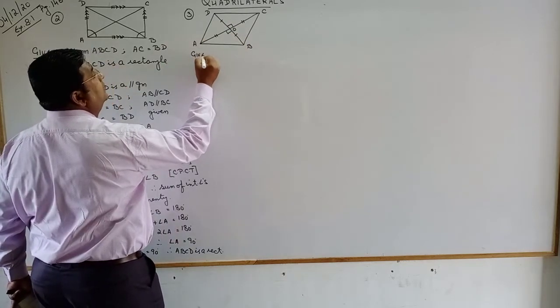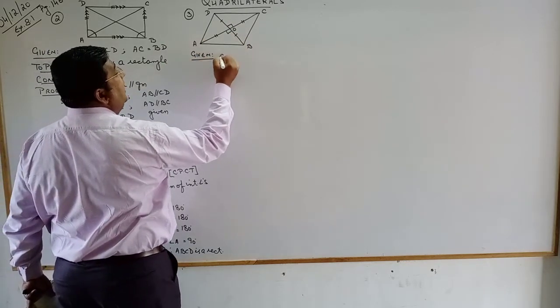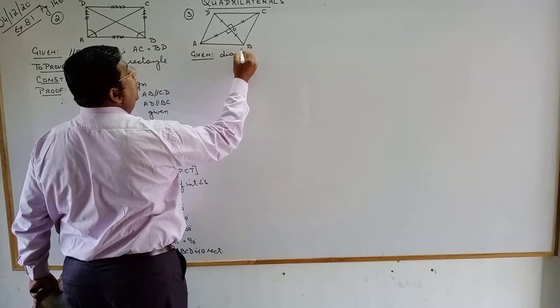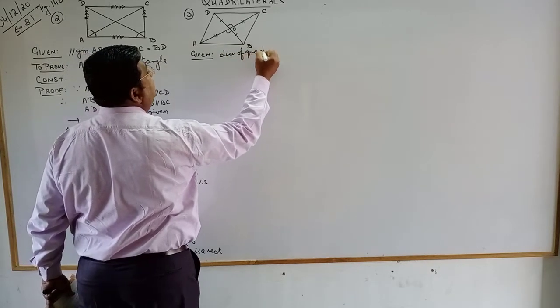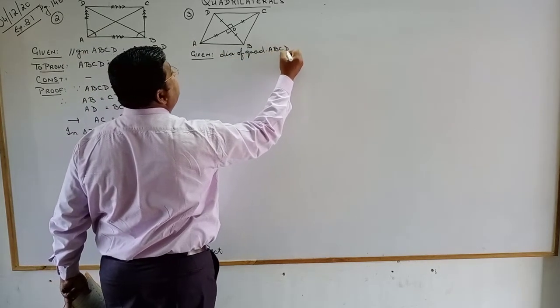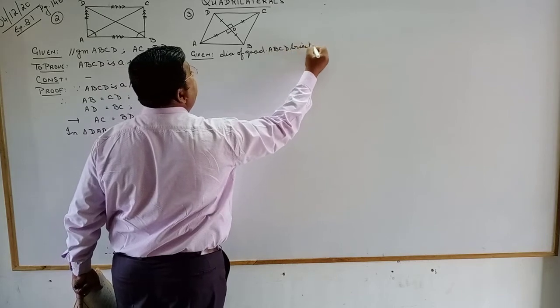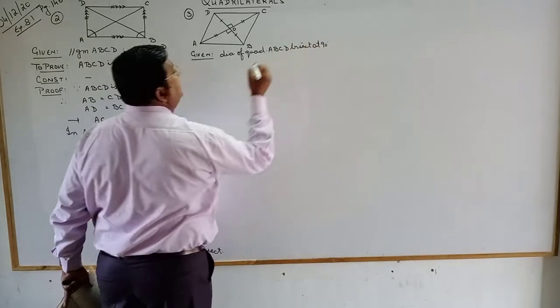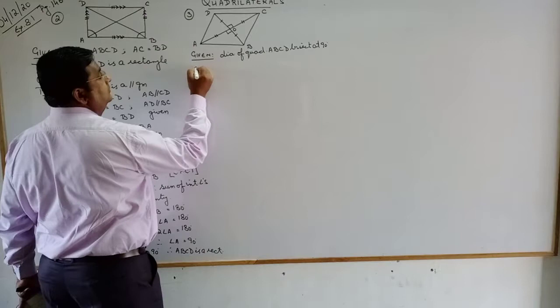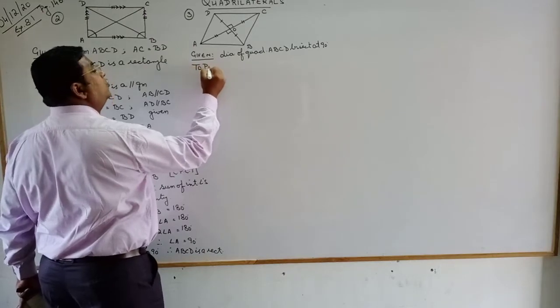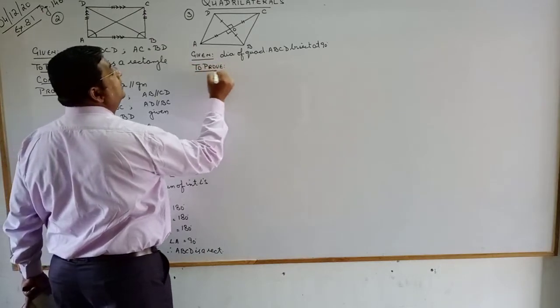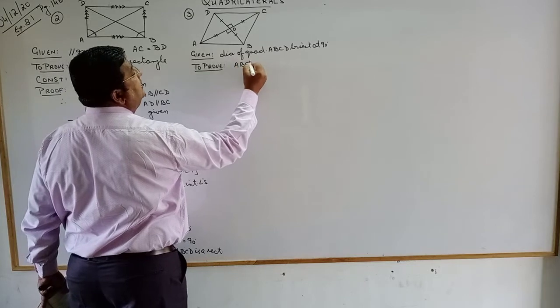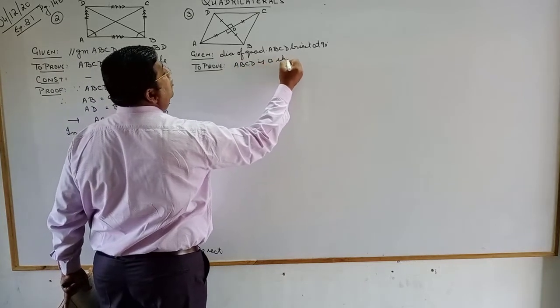What is given? We are given diagonals of quadrilateral ABCD bisect at 90 degrees. What we have to prove? We need to prove that ABCD is a rhombus.